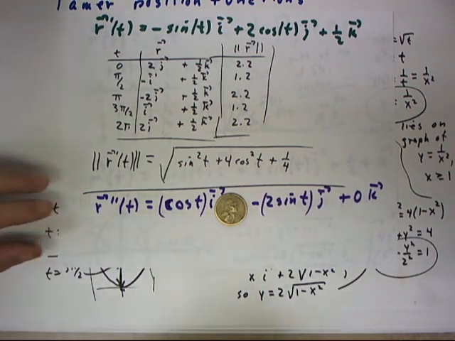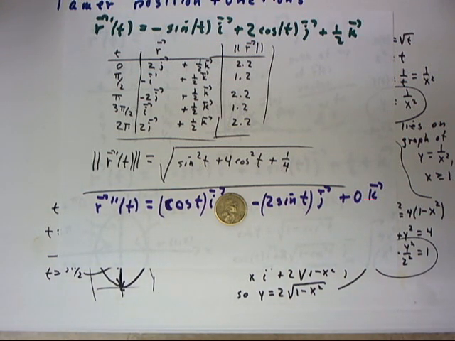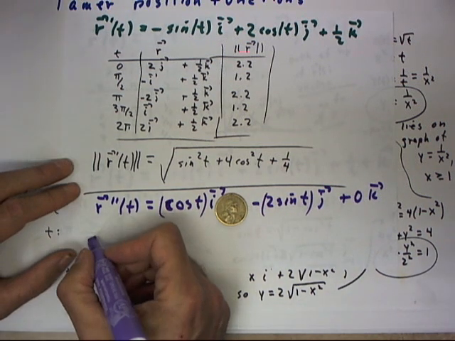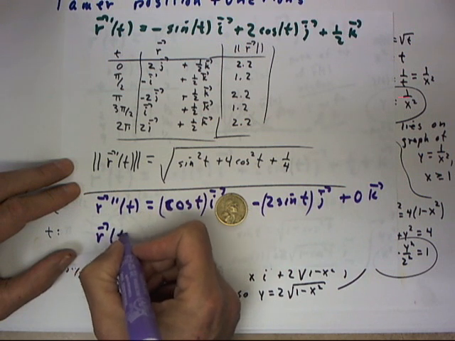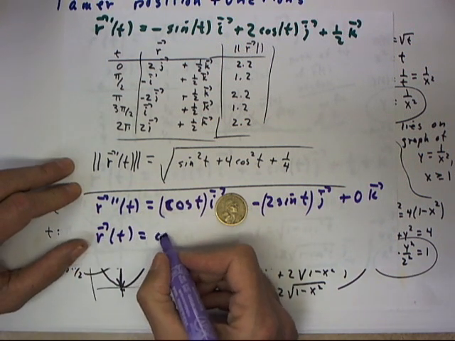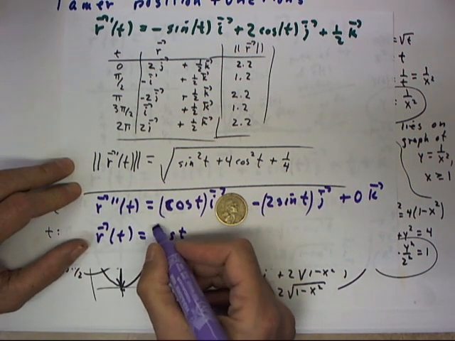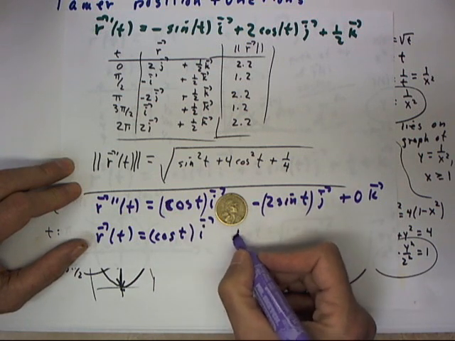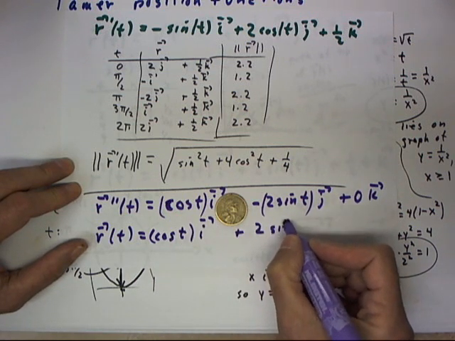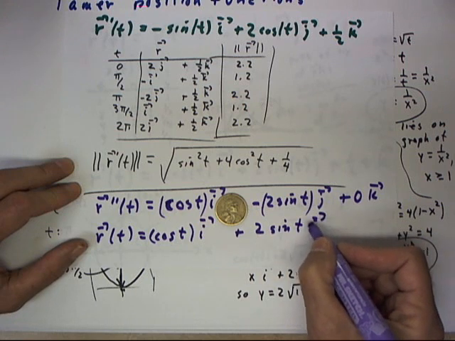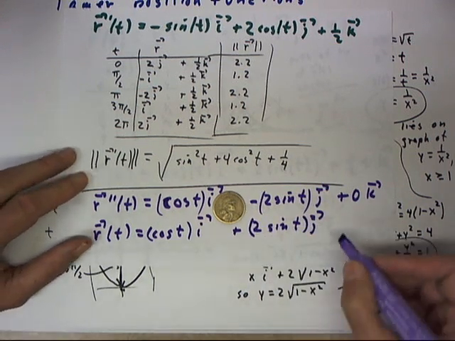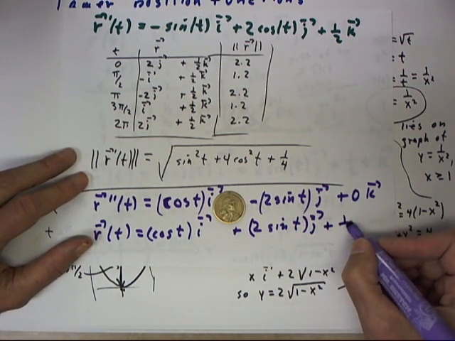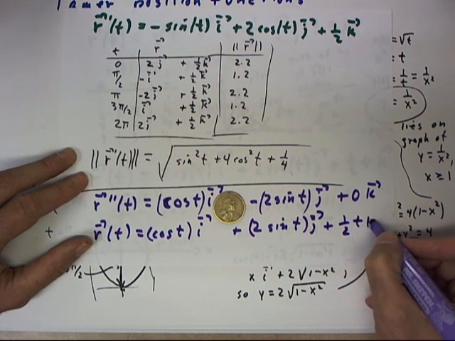So let's compare the r double prime of t function with the r of t function, which, if you recall, was cosine t i plus 2 sine t j plus 1/2 t k.